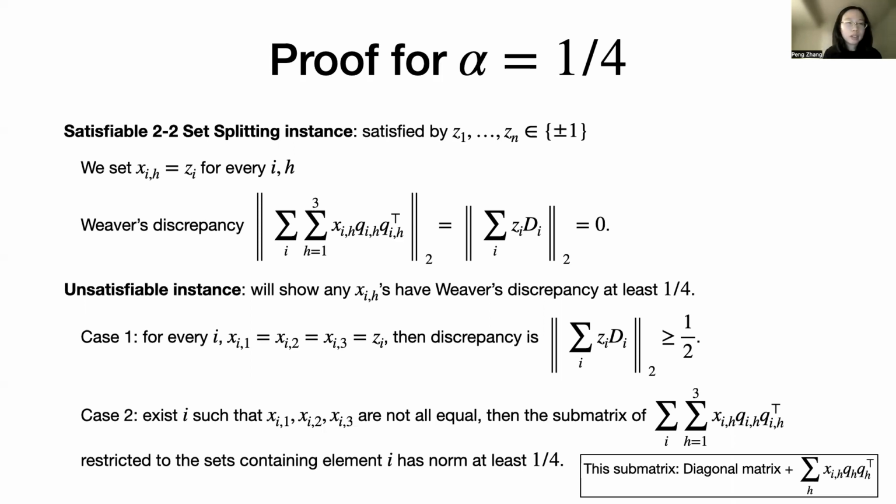And since it's NP-hard to distinguish between satisfiable 2-2 set splitting instances and unsatisfiable instances, it is NP-hard to distinguish between 1/4 Weaver vectors with discrepancy 0 and 1/4 Weaver vectors with discrepancy at least 1/4. So this proves our theorem 1.